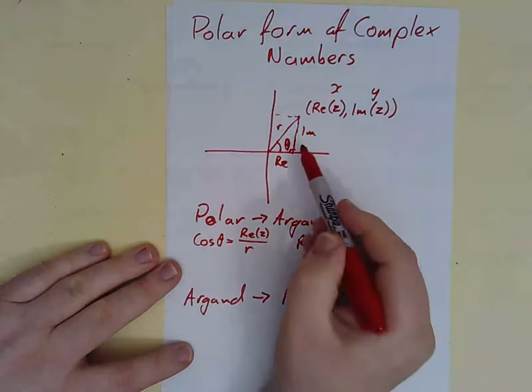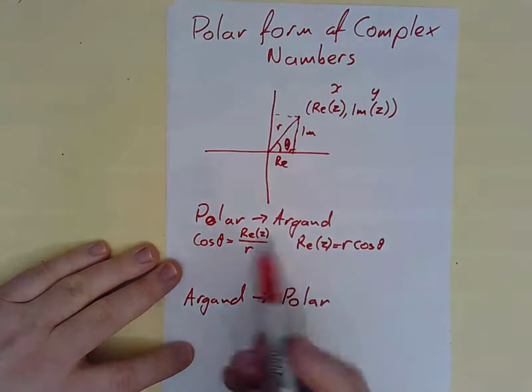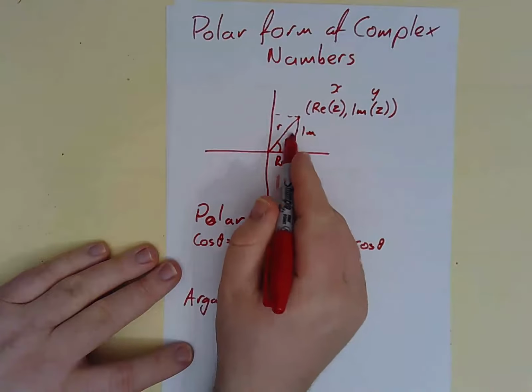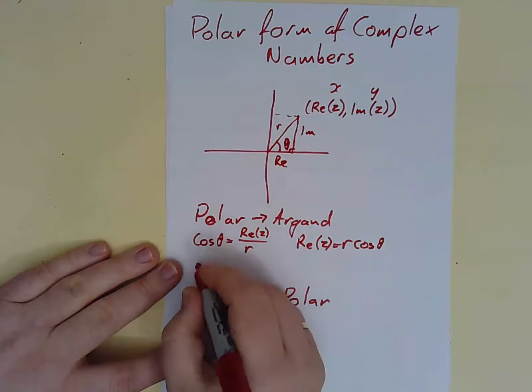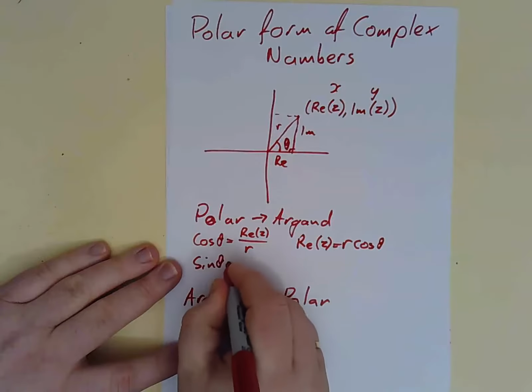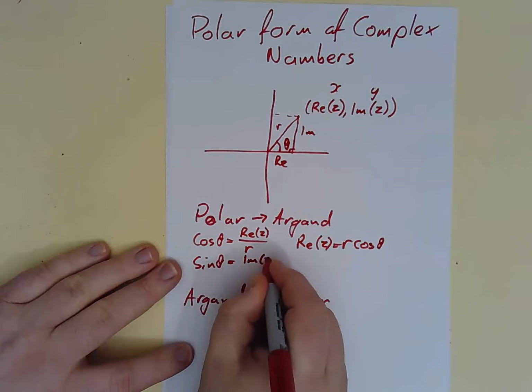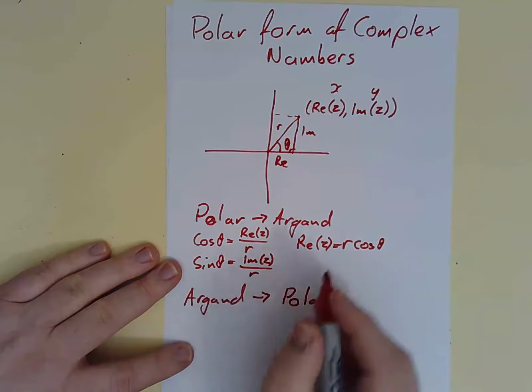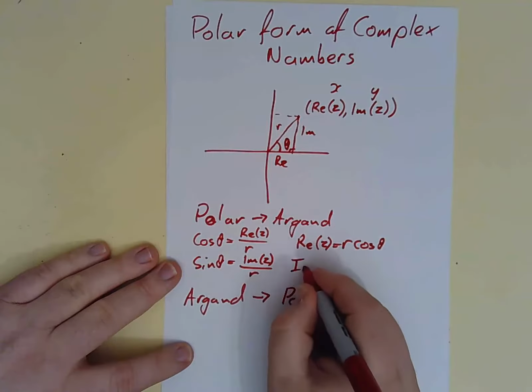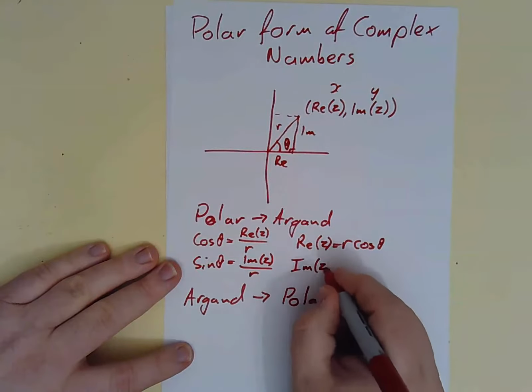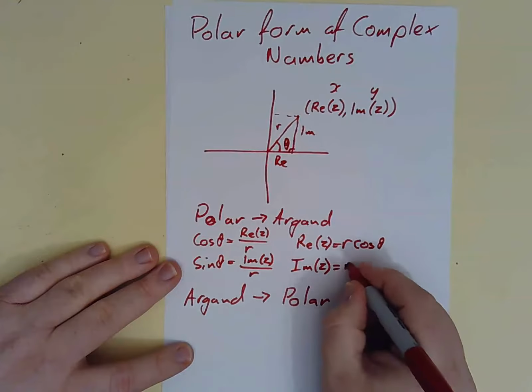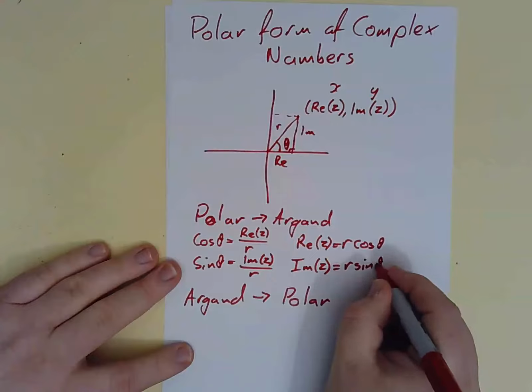Now, looking at my imaginary part, I want to know something about that. Well, that's going to be my opposite and my hypotenuse. So sine theta is the imaginary part of z over r, or rearranging that, I can say the imaginary part of z is equal to r sine theta.